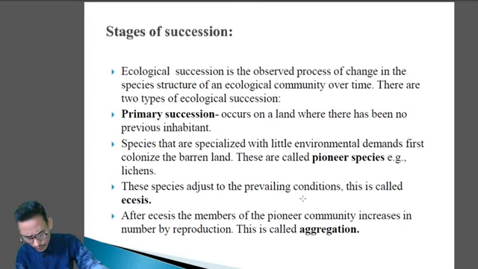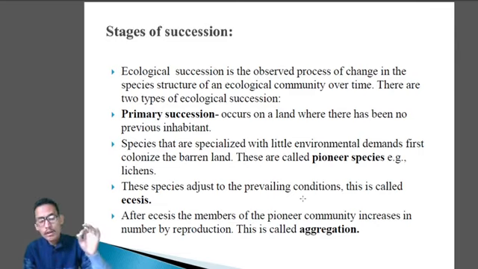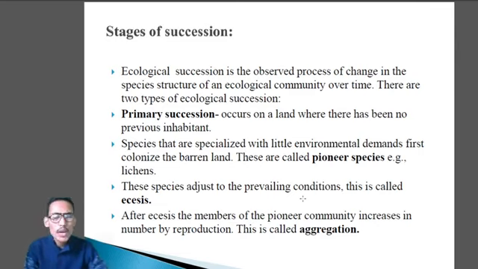First of all, we will start with primary succession. Primary succession occurs on a habitat where there was no existence of life before. Therefore the first species that occurs on such a barren area is known as the pioneer species.